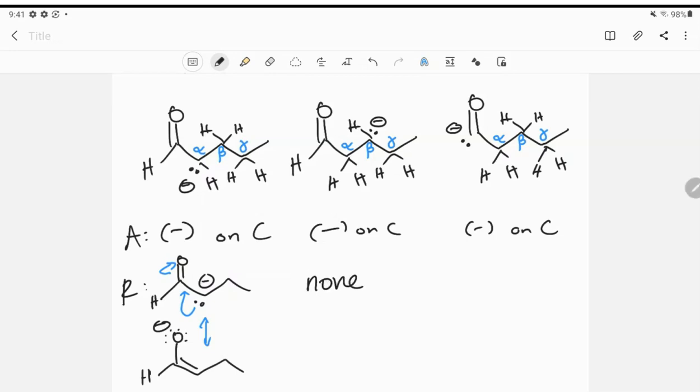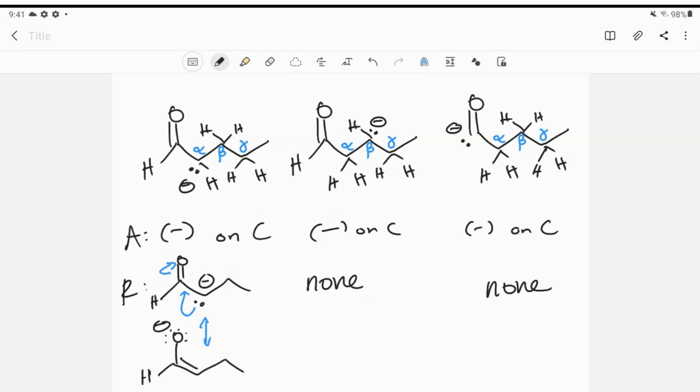We're going to see with these ones, we have no resonance as an option, right? There's no way to resonate those lone pairs. If you look at the one that's on the beta carbon, the negative charge of the lone pair, you can't move that anywhere else without giving something 5 bonds. So, not allowed.